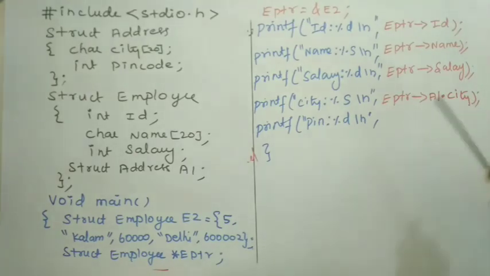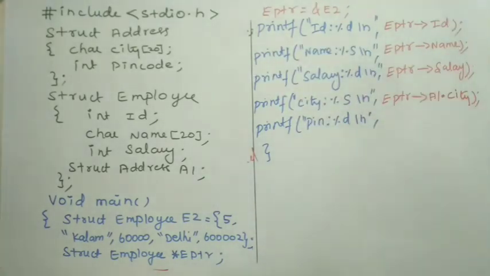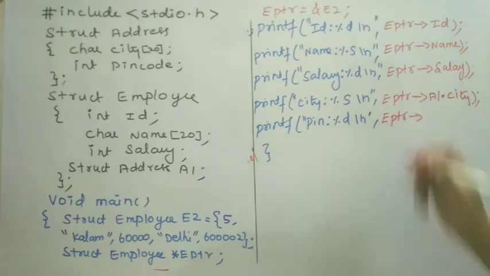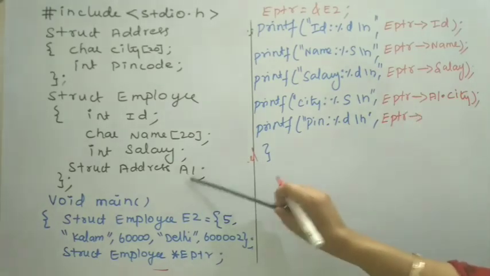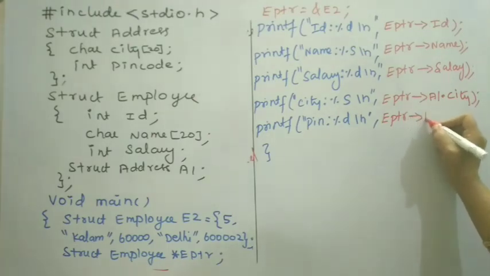So the combination of the arrowhead operator and the dot operator is used to access the data member of this inner structure. And then if I want to access the content of the data member pin code using this pointer variable EPTR, EPTR contains structure variable A1 as its data member. So to access the data member, I am using the arrowhead operator.